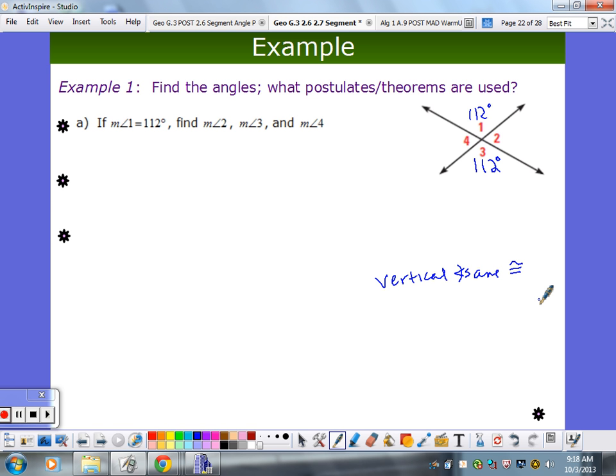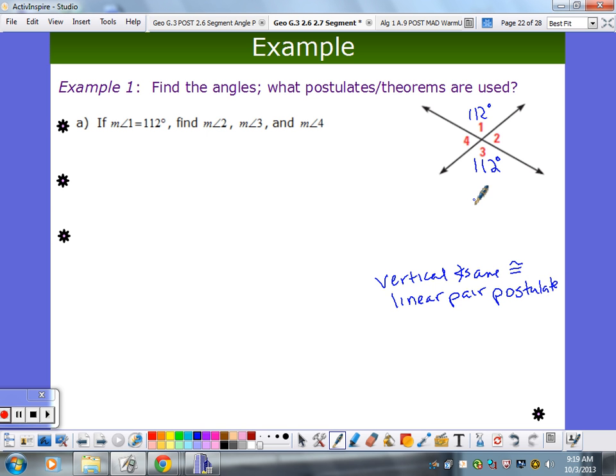What else can we use to find the other angles? How are we using that? These form a linear pair, therefore they are supplementary by what? Linear pair postulate? So I can say they're supplementary.